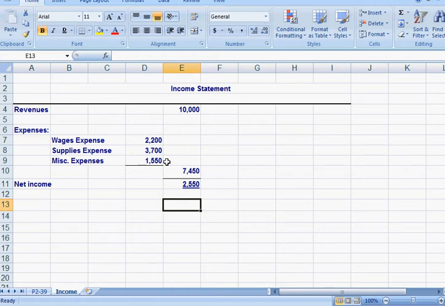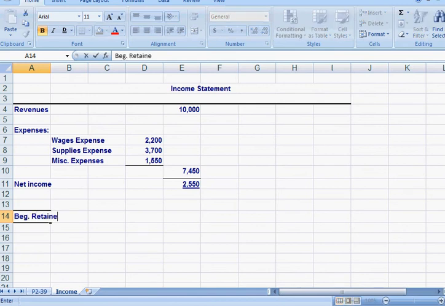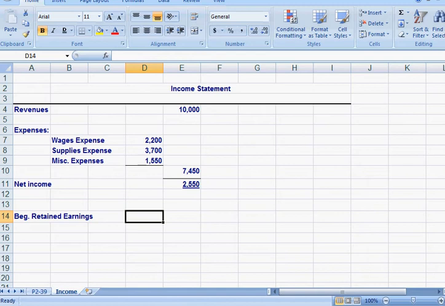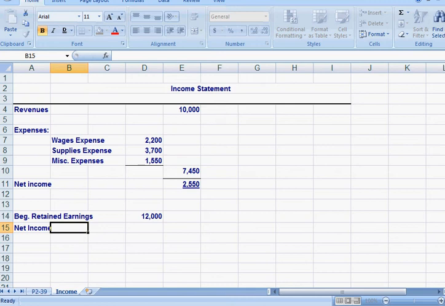So now that we figured out our income statement, the other thing that we have to do is figure out our beginning retained earnings before we can finish our balance sheet. So we would do beginning retained earnings, and if you look, it shows those as being $12,000. You're going to add the net income, which is what we just figured, $2,550. If you'd had a net loss, you would subtract it.